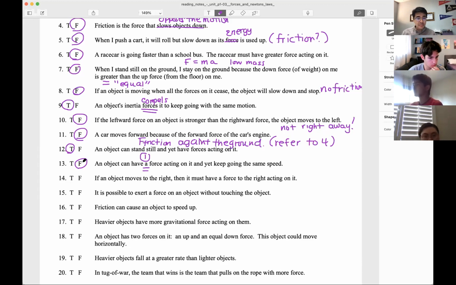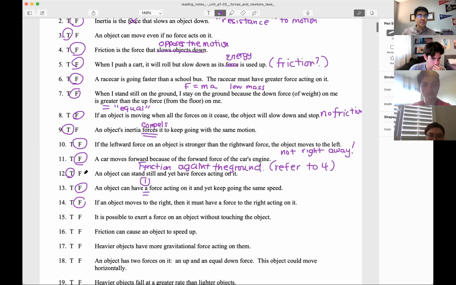Number 14, if an object moves to the right, then it must have a force to the right acting on it. Would that be true? This was the one earlier, related to number 3, right? Maybe 5 minutes ago I pushed it, but that force isn't acting on the object anymore.